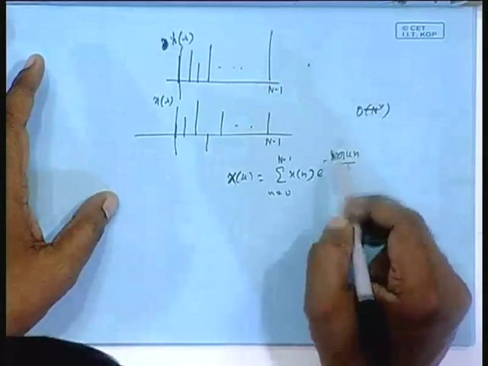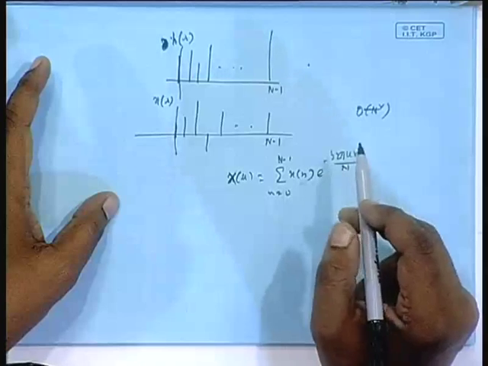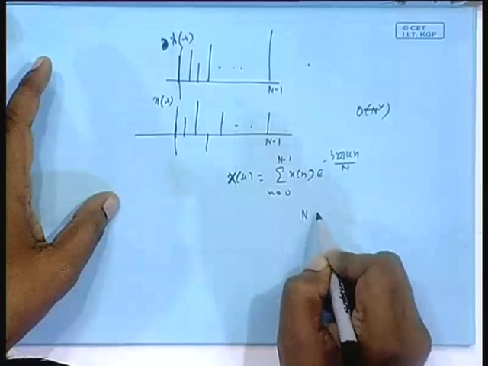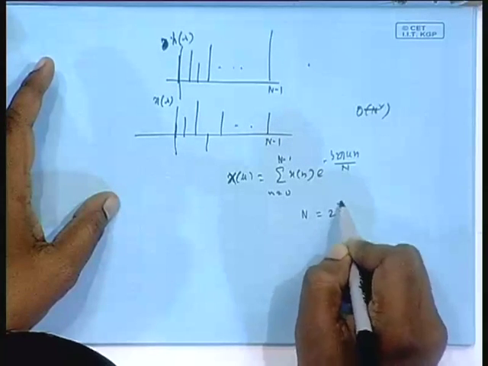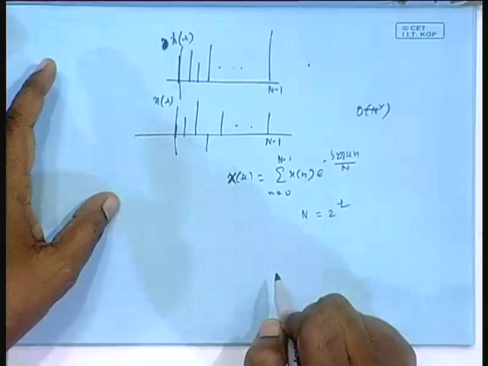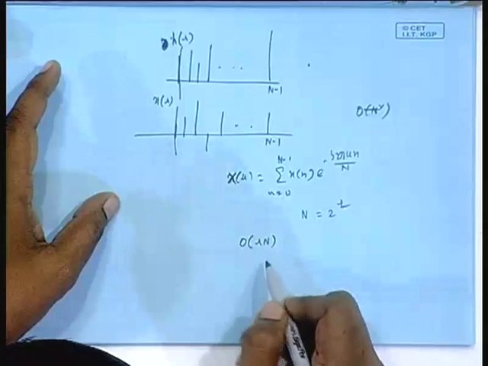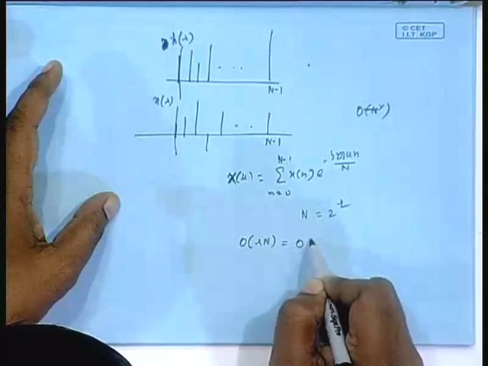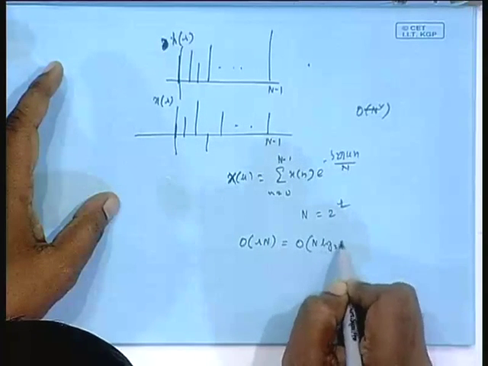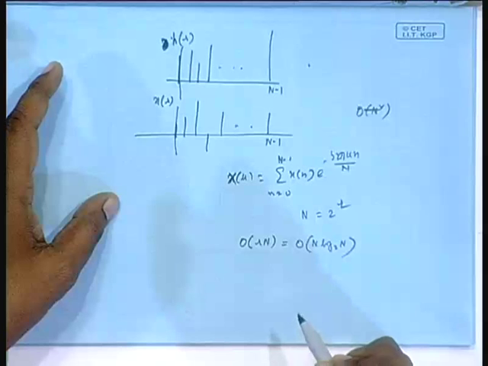But there are fast algorithms where, if length N is a power of 2, say 2 to the power r, then it should take r times N, or equivalently order of N log 2 N. This can be reduced.